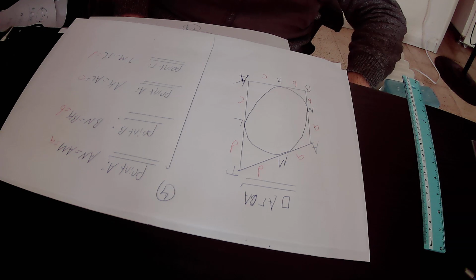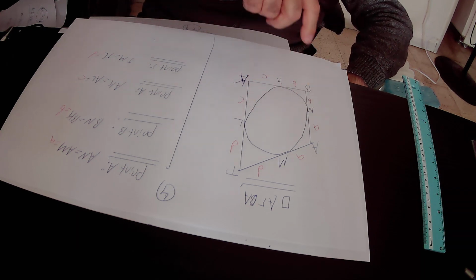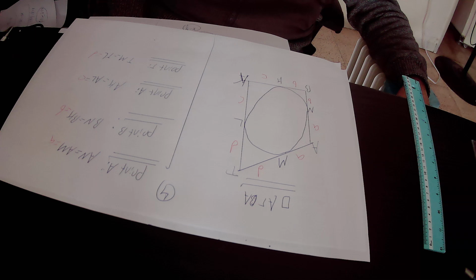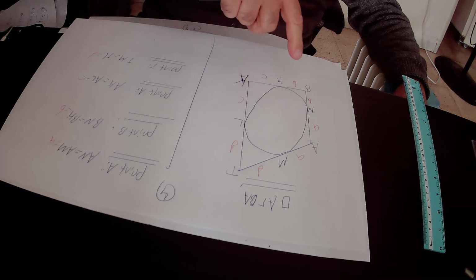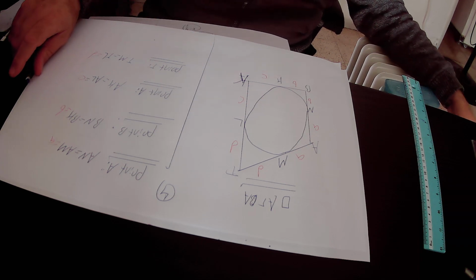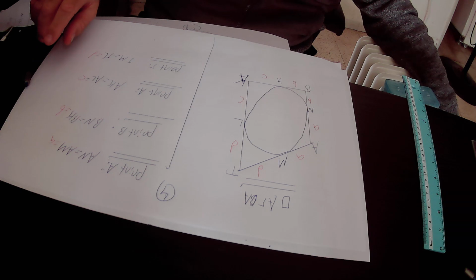Actually, the quadrilateral and the circle touch each other at 4 points: 1, 2, 3, 4. That is to say, they have 4 points of tangency between them: M, N, K, and L. Then I presented to you rule number 2, and we implemented rule number 2 in our drawing.